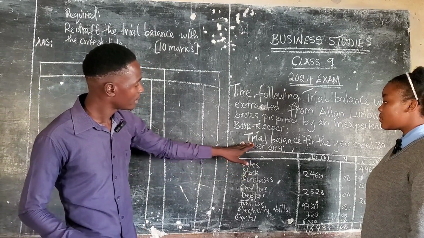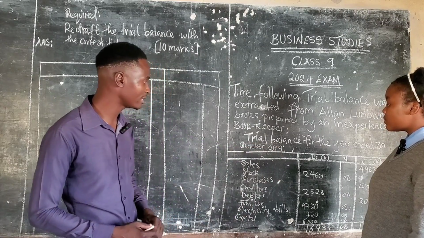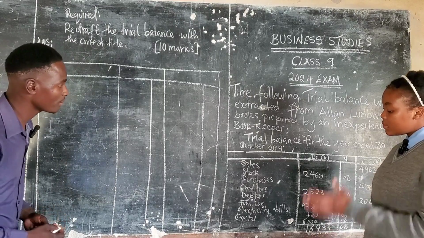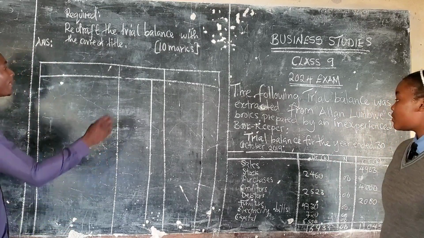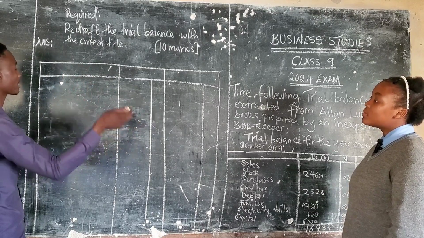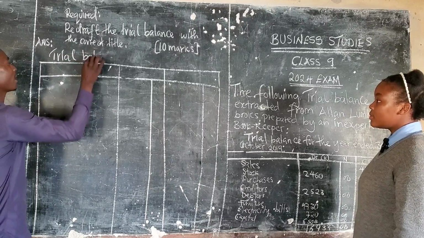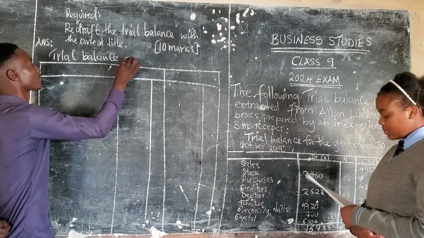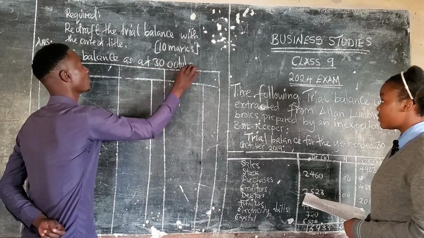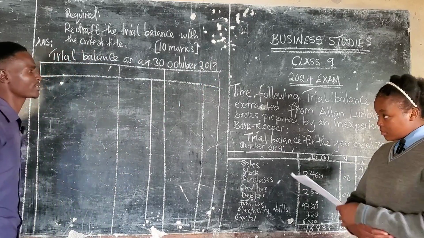His title was trial balance for the year ended 30th October 2019. What is supposed to be the correct title? Trial balance as at 30th October 2019.